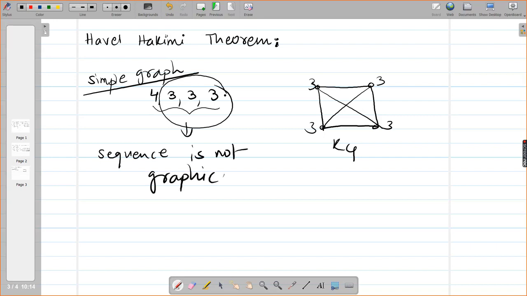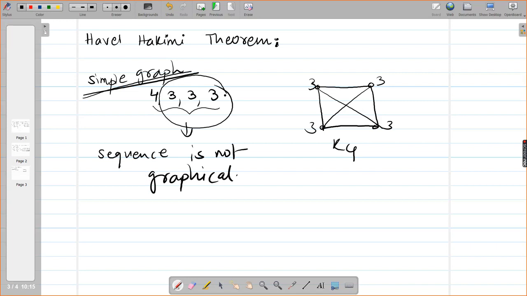Do you understand it? I want your response. Such a graph you cannot draw. Such a simple graph you cannot draw with this degree sequence. Yes or no? Yes, ma'am.